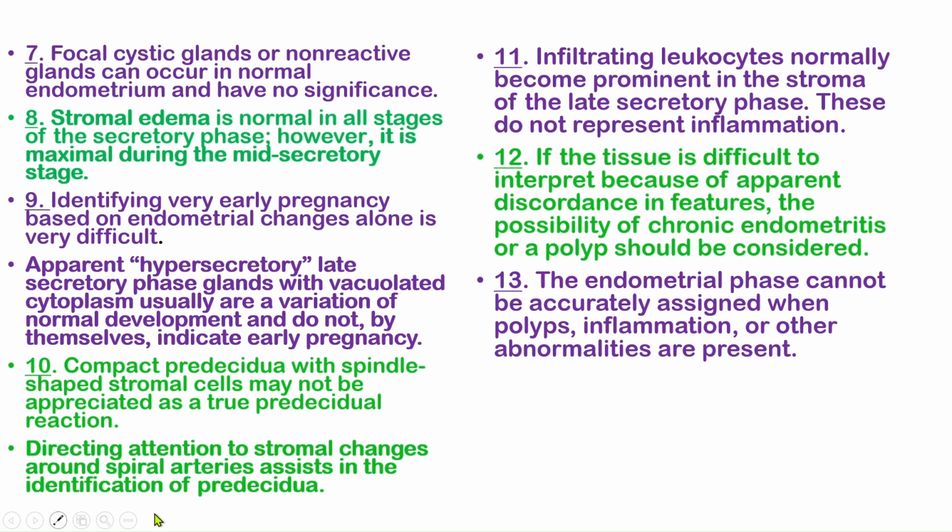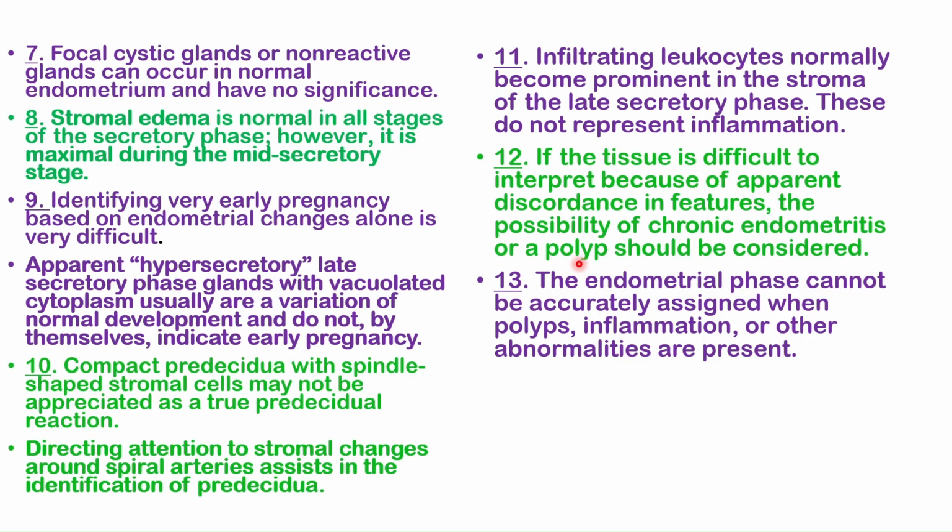In case of pre-decidual change, we must see around the spiral arteries for the identification. Then eleventh point, infiltrating leukocytes normally become prominent in the stroma at the late secretory phase, so this does not represent inflammation.